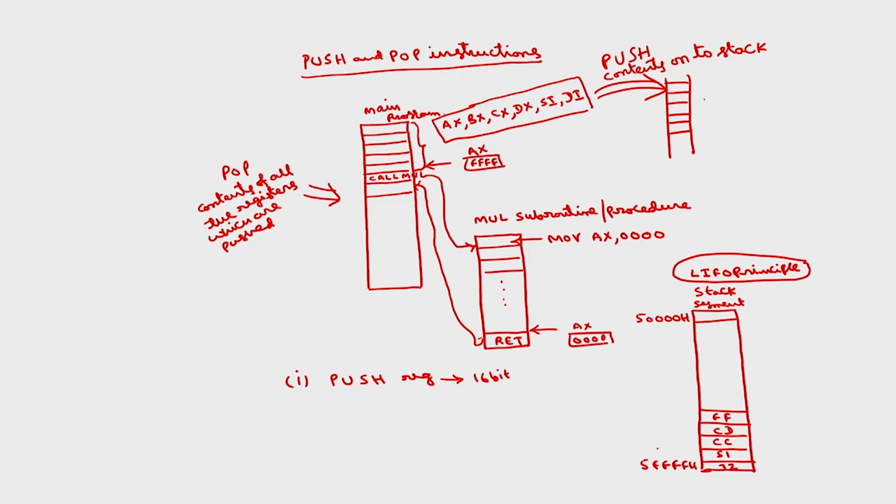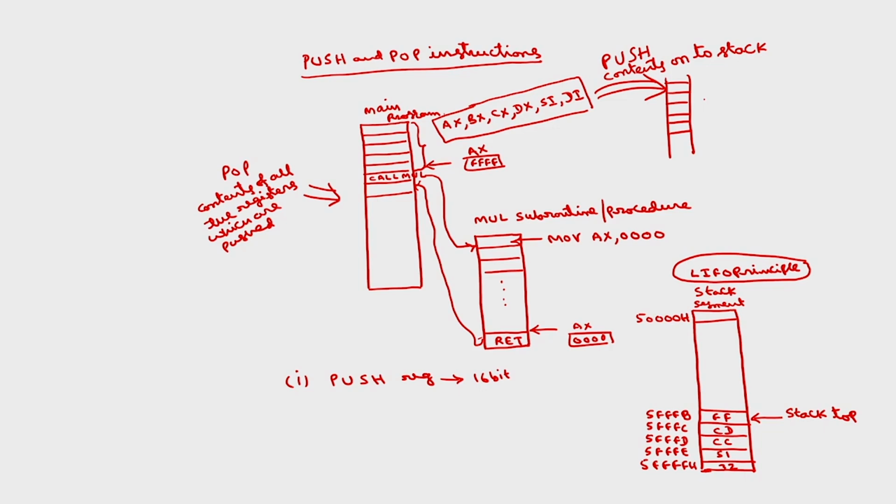So, what are these locations? This will be 5FFFE, this will be 5FFFD, this will be 5FFFC, this will be 5FFFB. The location up to which the data is full is called the stack top. In the stack segment, the address of the location up to which the data is full is called the stack top.